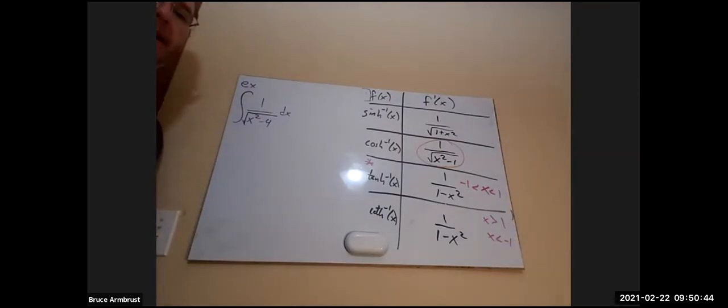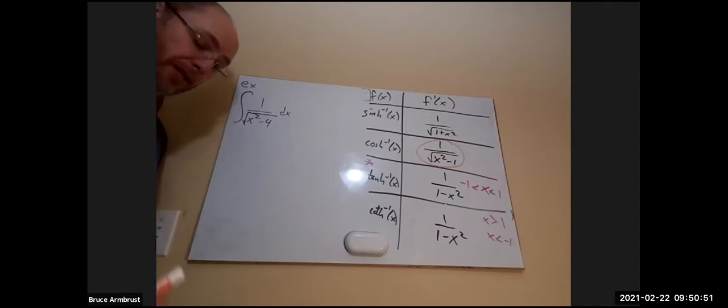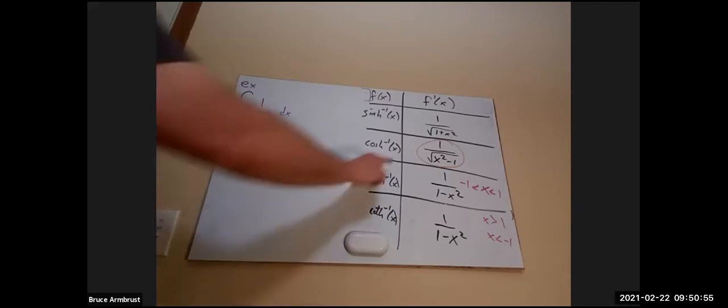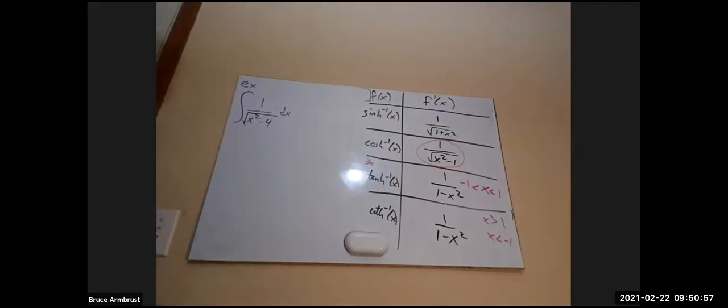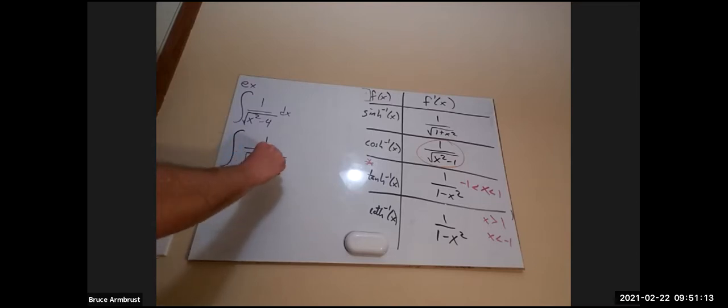All right, so here's what we're going to have to do. We're going to have to change that 4 into a 1. So we're going to have to do a little bit of algebra to get us to a point where it matches the inverse cosh picture. I'm going to factor out that 4, so that I get x squared over 4 minus 1.